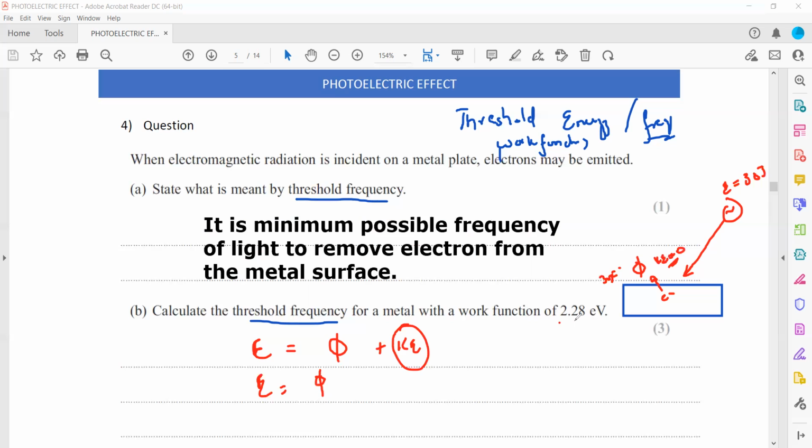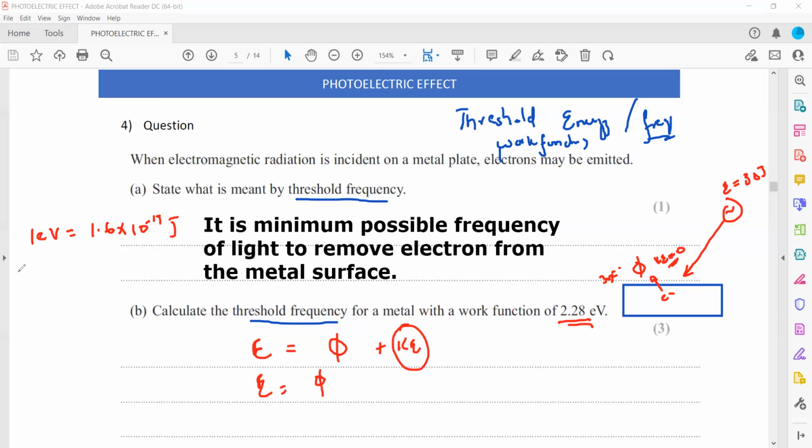But the problem here is the work function is given in electron volt. Whenever you are using the value of the energy, it should always be in joule. So you have to convert this into joule. And how to convert this into joule? 1 electron volt is equivalent to 1.6 into 10 to the power minus 19 joules.